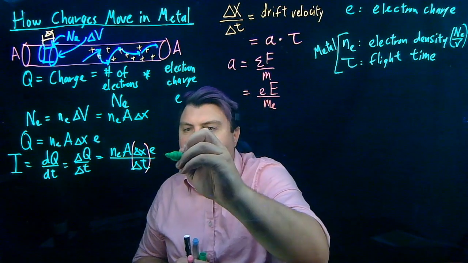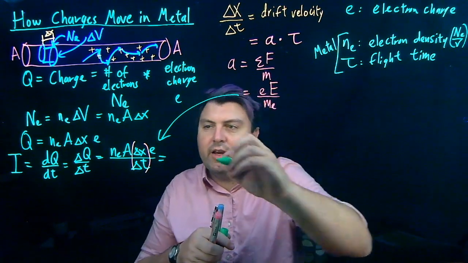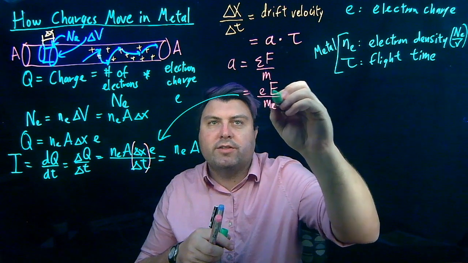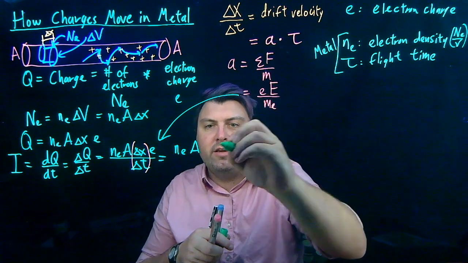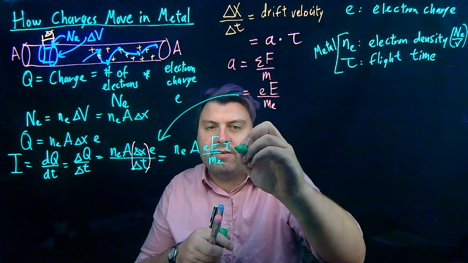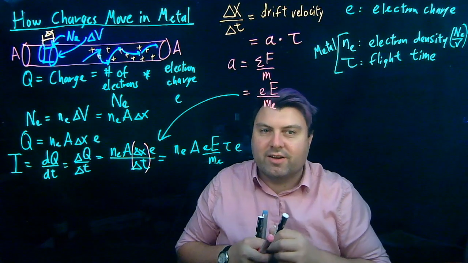So as we look over here, we can bring this down, and now we have N sub E A, and we replace all of this: E E over M E times tau times E, all is our I.